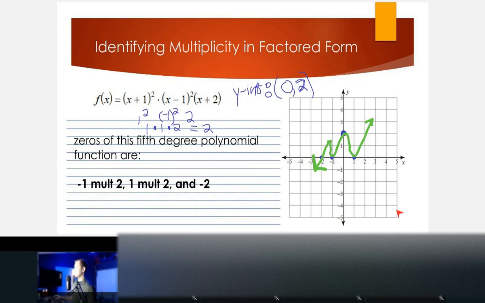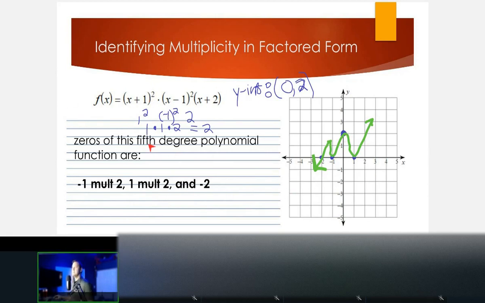Another layer of protection. There we go. By having this here and doing the bounces, we pass through the y-intercept properly. So without even checking the end behavior of this, we're probably correct.